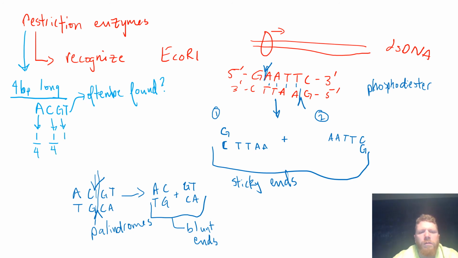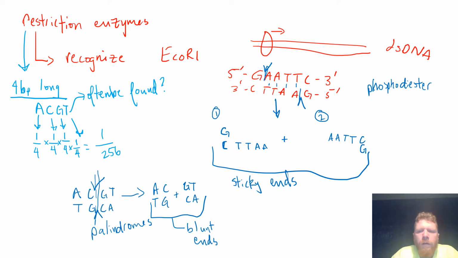G, still 1 out of 4. And T, 1 out of 4. So you're going to multiply them all out. What are the chances that you would actually generate ACGT? Well, 1 out of 4 times 1 out of 4 times 1 out of 4 times 1 out of 4, which would ultimately be 1 out of 256.